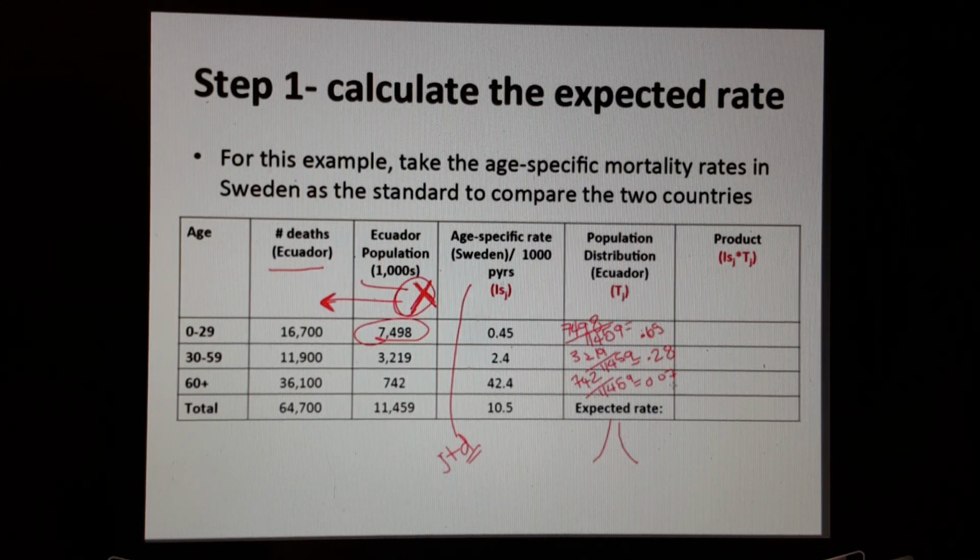So then to get your expected rate, which is what we need to calculate, same thing as before, we're going to take the age-specific rate of your standard population, ISJ, and multiply it by the population distribution of your study population for that particular stratum. So you're taking your rate from your standard, multiplying it by the population distribution of your study population.